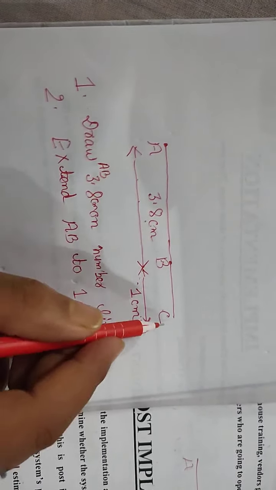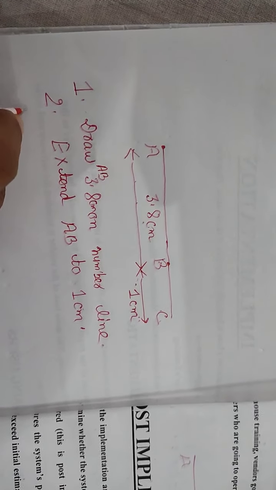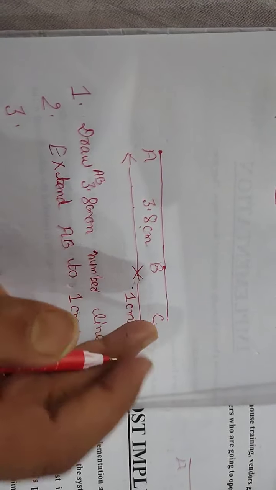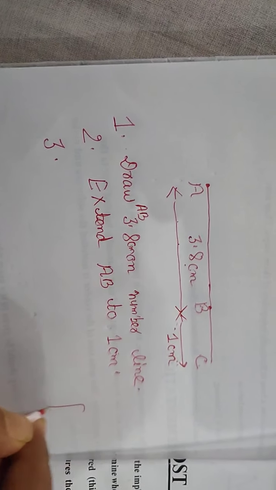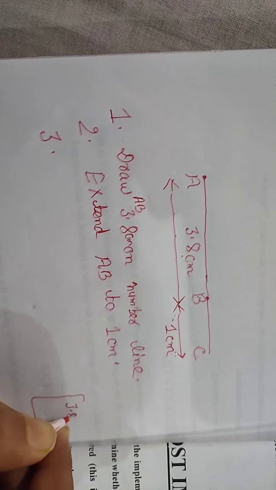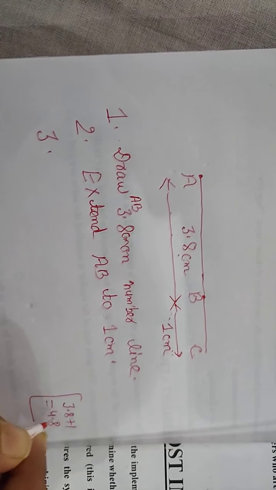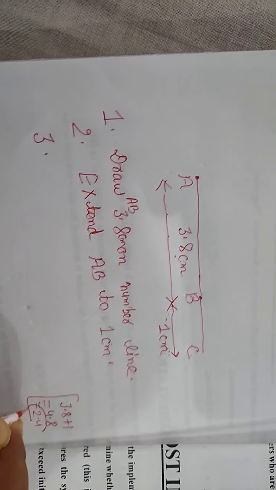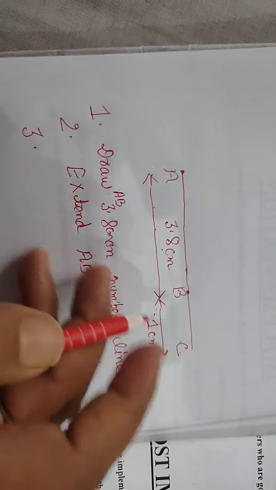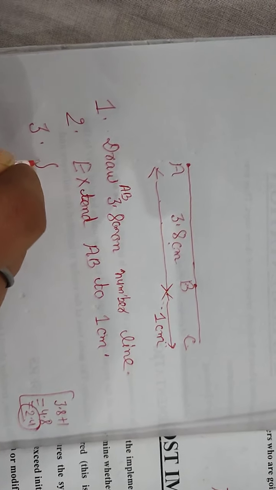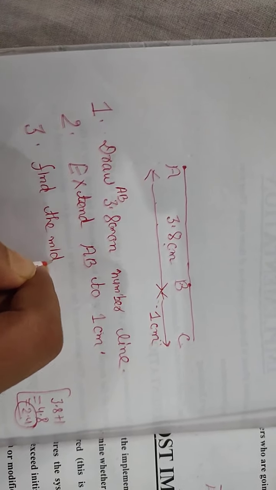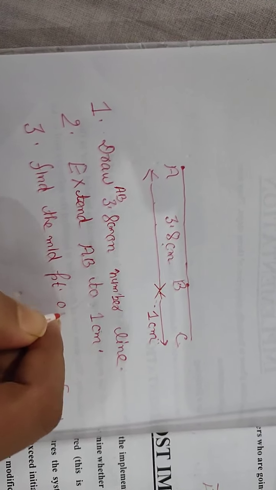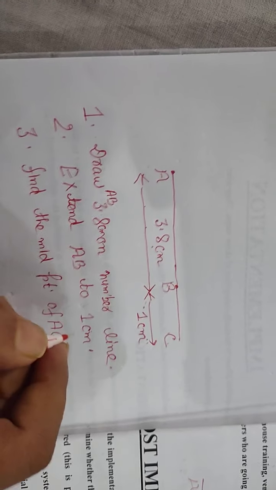Now it is AC. Now we have to find out the midpoint of this line segment AC. What is the length of the line segment AC? If you find out the midpoint, it will be 2.4. So find the midpoint of AC. And how will you find it?